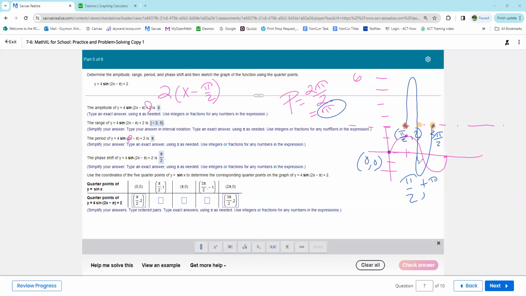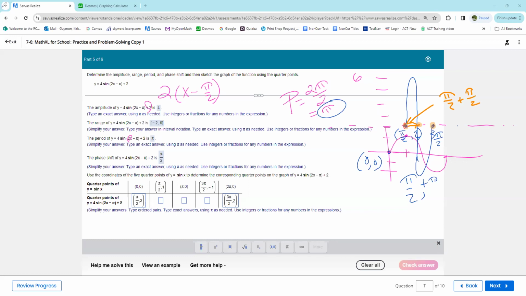So at that point we'd be at a half a pi. If you add on to that point, which was pi over 2, another pi over 2 to get to this point, that would be at pi. So then we're at pi over 2 for that middle point.